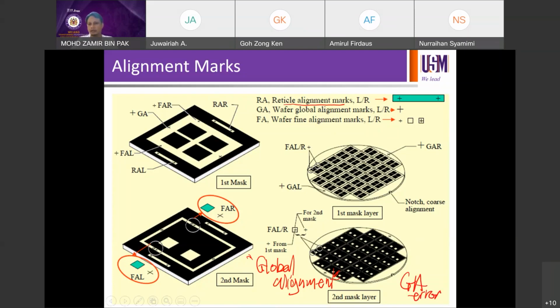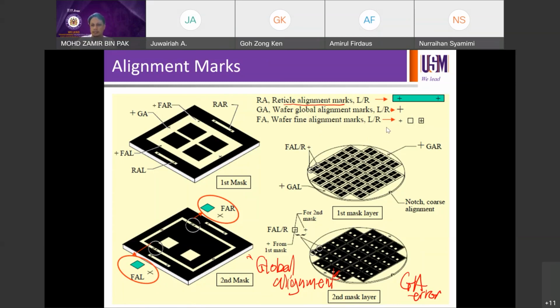So bila ada GA error ni, normally what the operators need to do is they have to respond. They have to go back to the system and see where's the problem that has caused the GA error, and then fix that. Sometimes it's just a single press of a button, and then it will try to research for the alignment mark, and then it's okay.